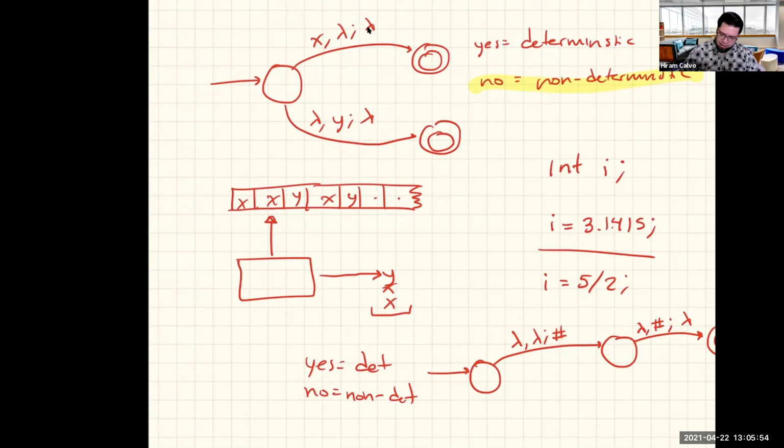And in this next arc, we are just consuming it and then passing to this one. So the language that will be accepted by this automaton will be only the lambda string, right?